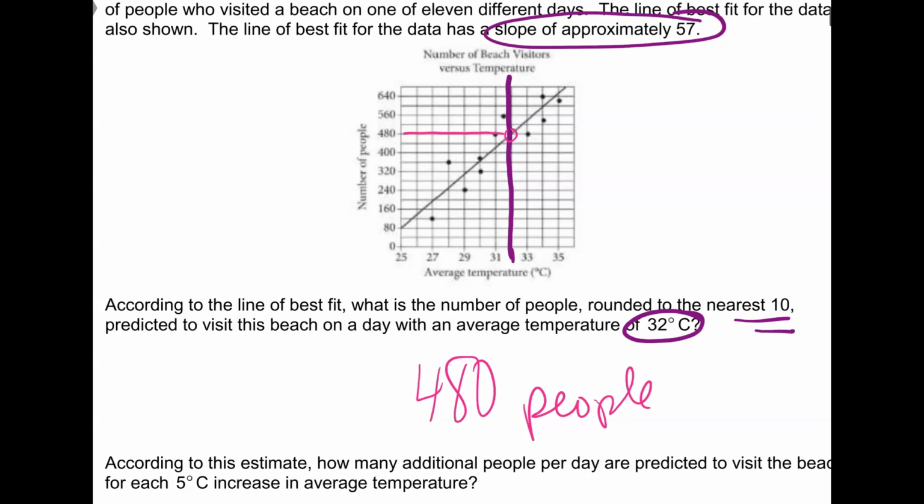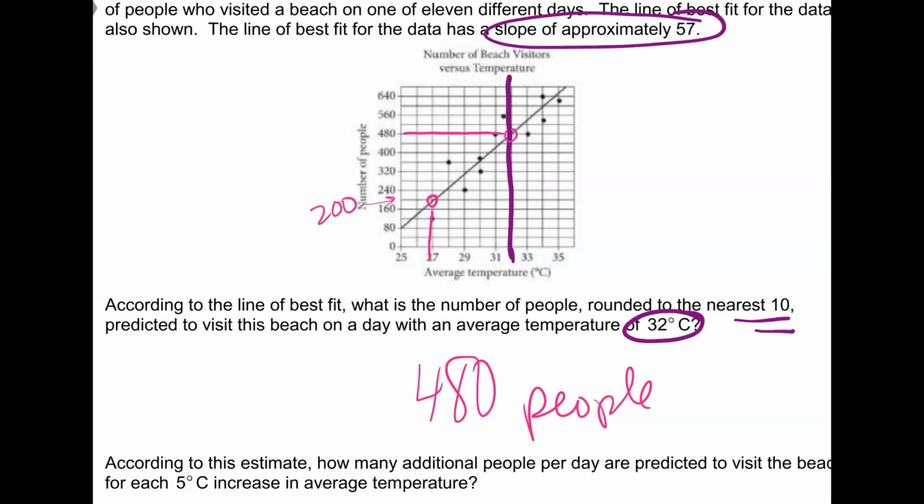According to this estimate, how many additional people per day are predicted to visit the beach for each 5% increase in average temperature? Let's see. 32 degrees. What's 5 less than 32? 27. Let's look at how many people are at 27. 200?